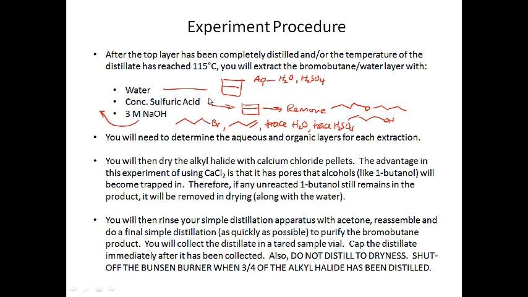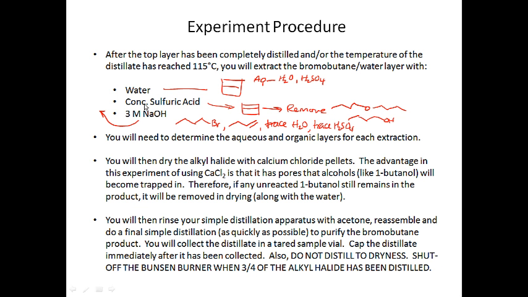So what does the sodium hydroxide do? It neutralizes the sulfuric acid that's present. Because it's difficult to cut the layers exactly, the 3 molar sodium hydroxide will neutralize any acid that's present.